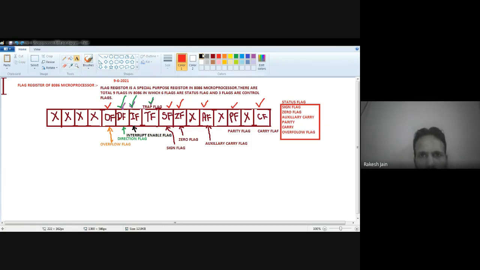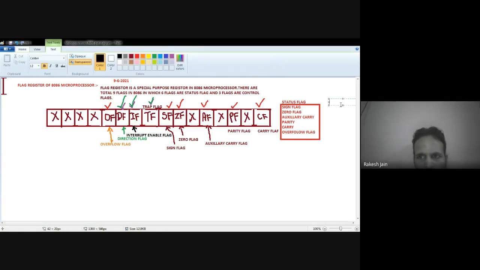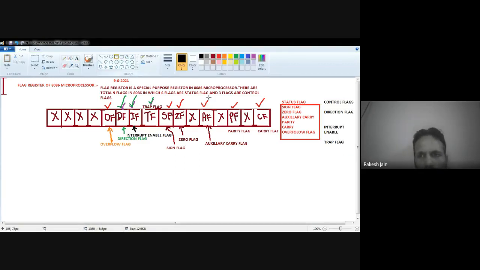I just write down here, control flags: the direction flag, the interrupt enable flag, and the third one is your trap flag. These 3 flags are our control flags.